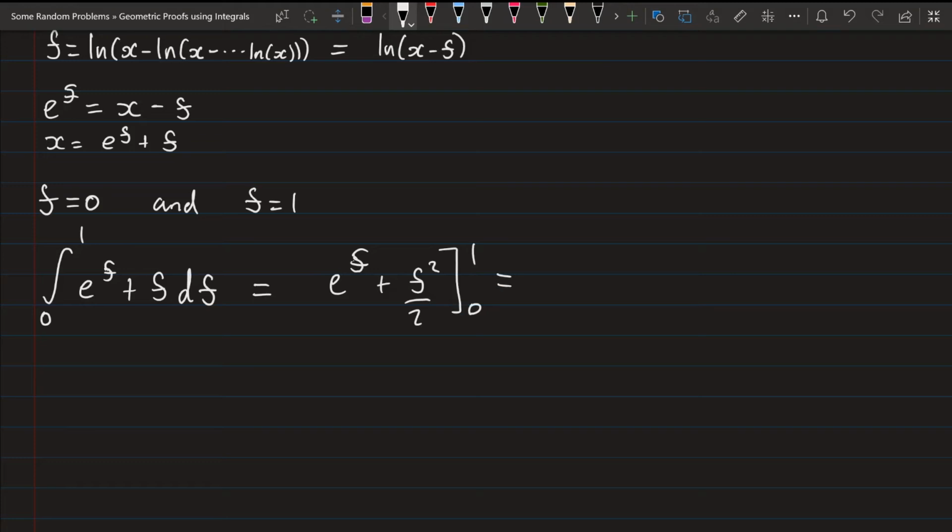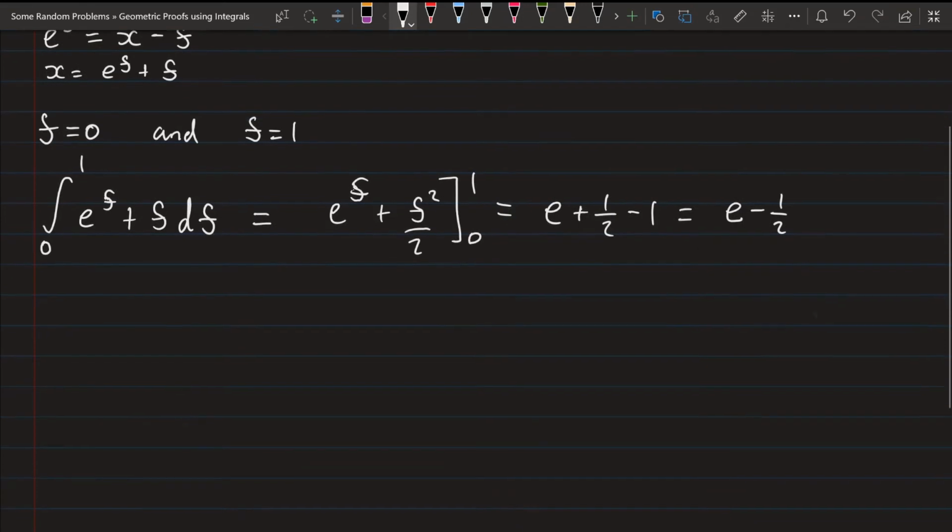And that is just going to give us e plus a half. And then we also get minus 1. So that will give us e minus a half.